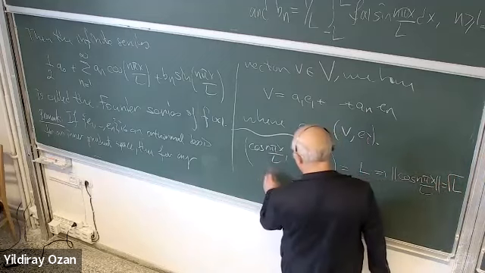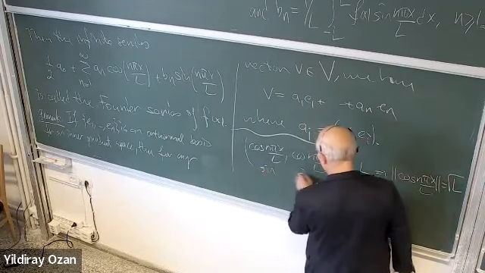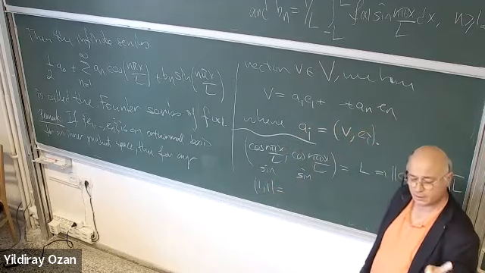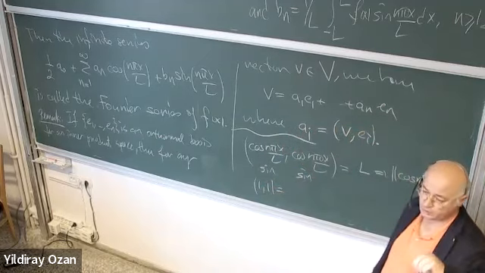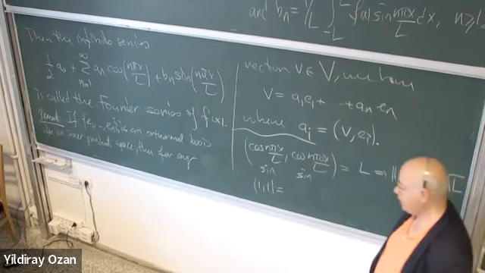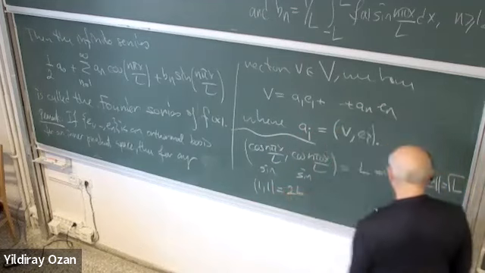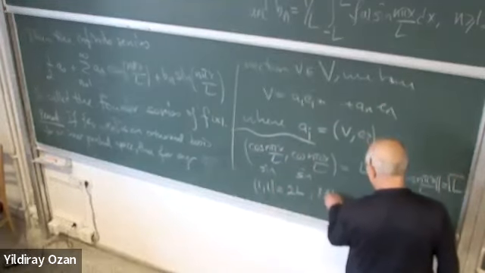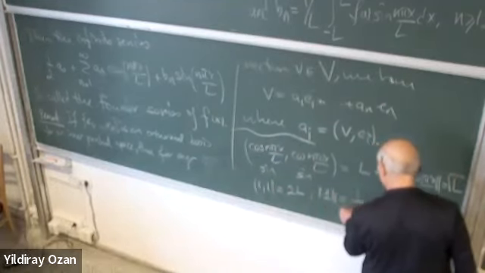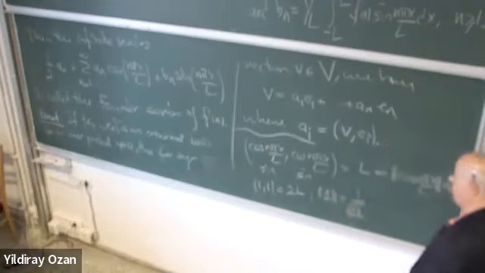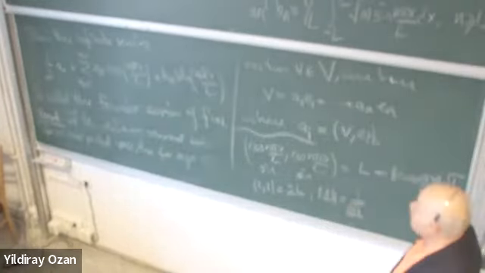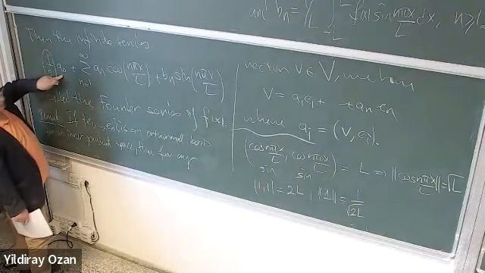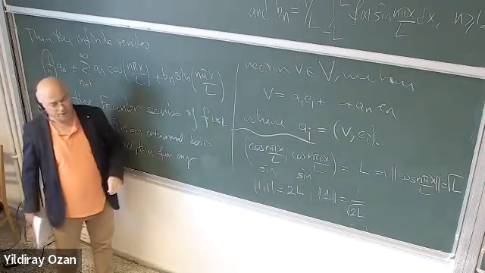And similarly for sine. But inner product of 1, integral of 1 times 1 over the interval minus L to L, so this is 2L. Okay, 2L. Therefore, norm of 1 constant function is just this. That's why, here we have this 1 over 2 for A0, but for these ones, we don't have that.